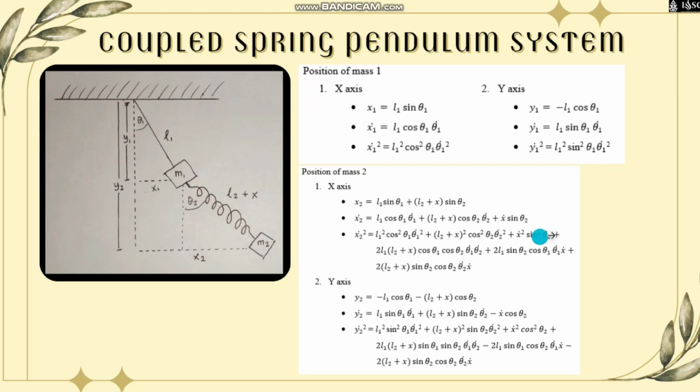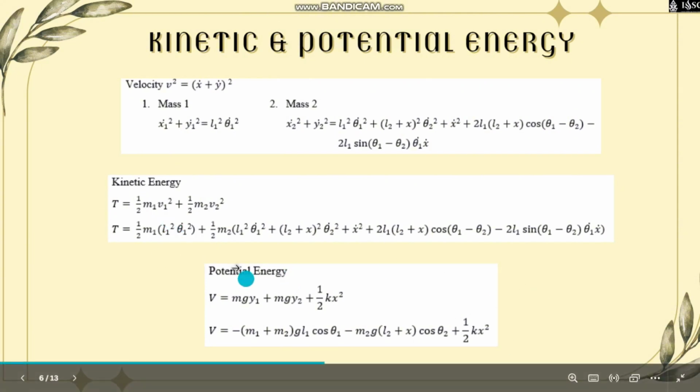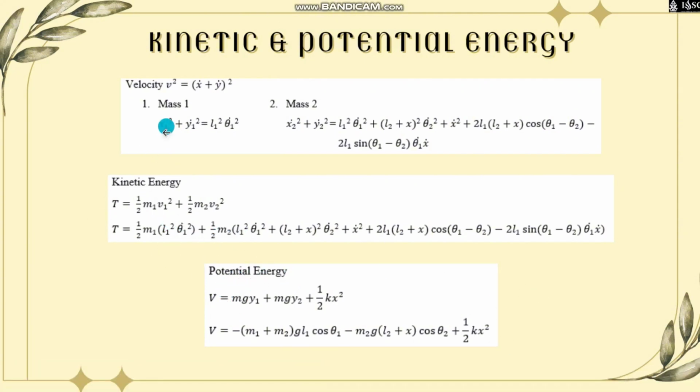Next, for the position of mass 2, using the same steps as before, we will have the x-axis and y-axis. Next we will find the kinetic and potential energy. Before we find the kinetic energy, we have to determine the velocity, where the velocity squared is x dot squared plus y dot squared.